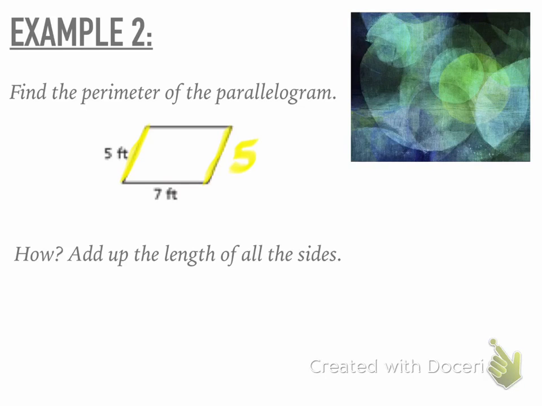And then we've got a base of 7 feet. So this is our corresponding 7-foot side. So now all we have to do is add up all the sides. So I've got 5 feet for this side.